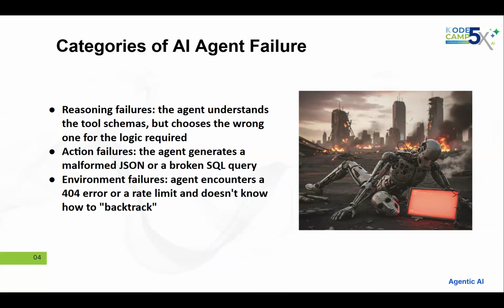So if it calls any tool, it calls it with correct arguments. But then for a given task, it chooses the wrong tool. Let's say you ask it to book a flight, and it books a spa session instead. Let's assume that there are different tools, a tool for booking a flight and a tool for scheduling a spa session. That agent chose the wrong tool, and that's a reasoning failure.